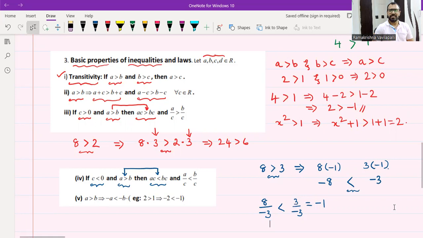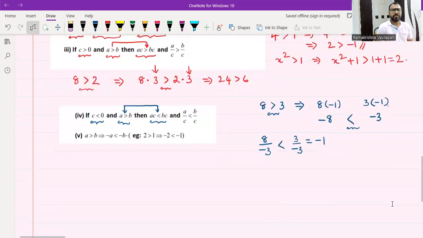Similarly, here you see A is greater than B. Then minus A is less than minus B. Very simple. Because here you see minus 1 is a negative quantity.